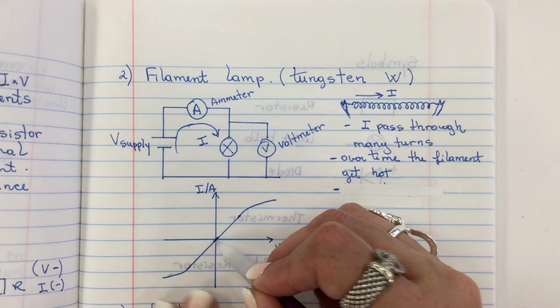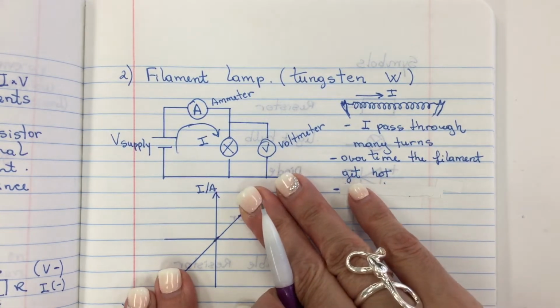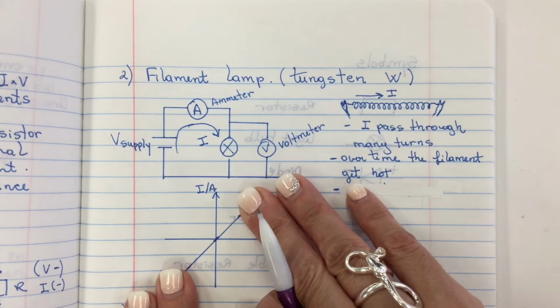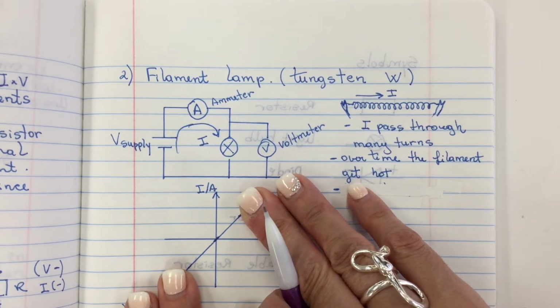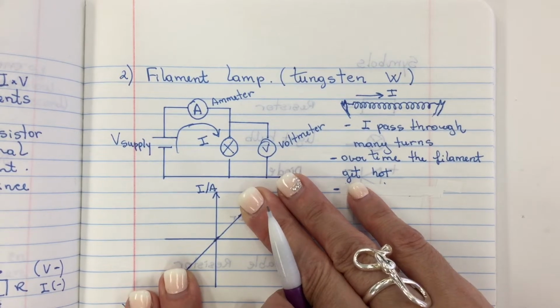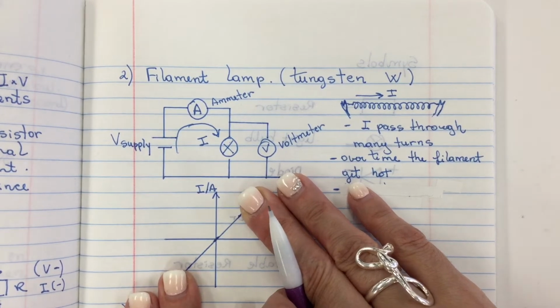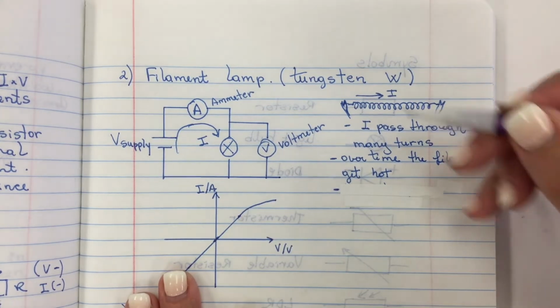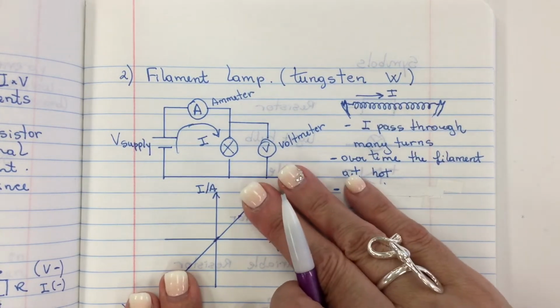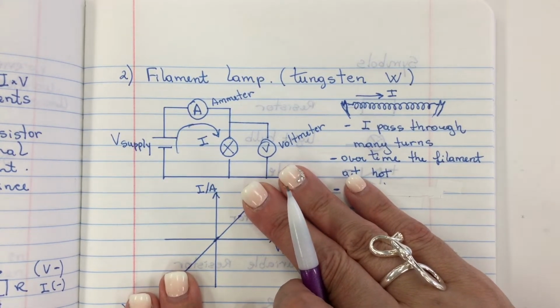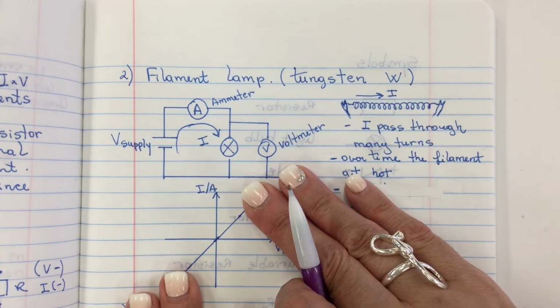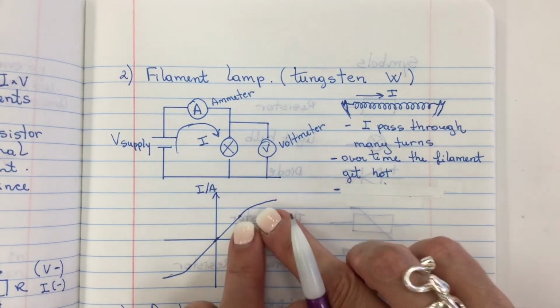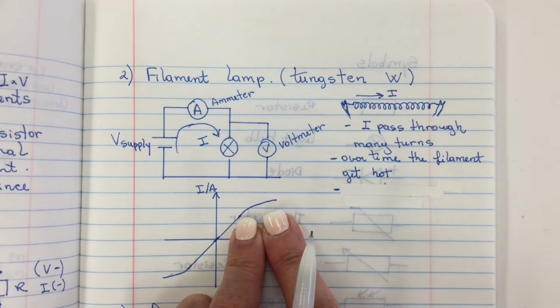We can notice that through the origin and up to a certain point, this line is going to behave just like a metallic conductor or resistor. But over time, because of so many turns, the temperature is going to rise and is going to change the value of the resistance, which means it no longer obeys Ohm's law.